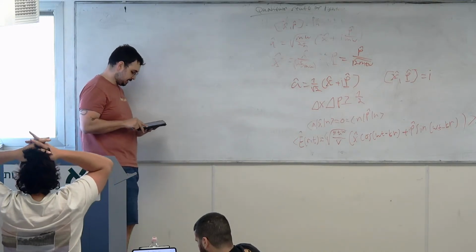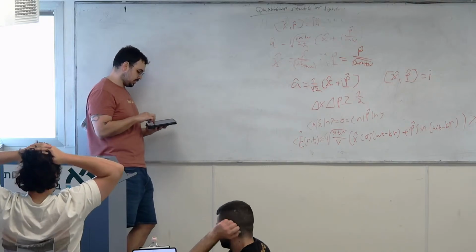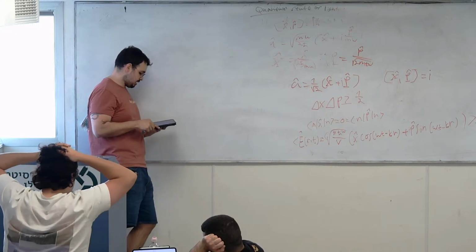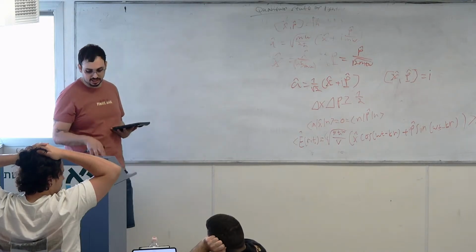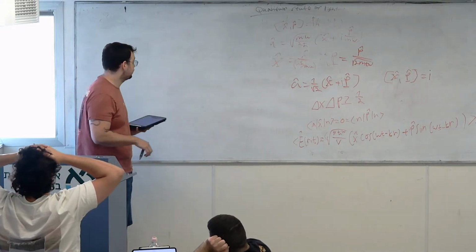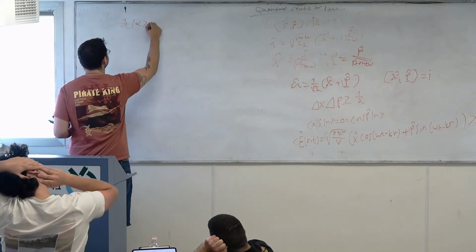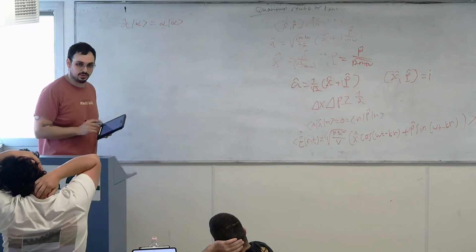Those fundamental fields in quantum optics, which are lasers, are defined as the eigenstate of the annihilation operator. So what I mean by that is A acting on |alpha> equals alpha times |alpha>, with alpha the eigenvalue.